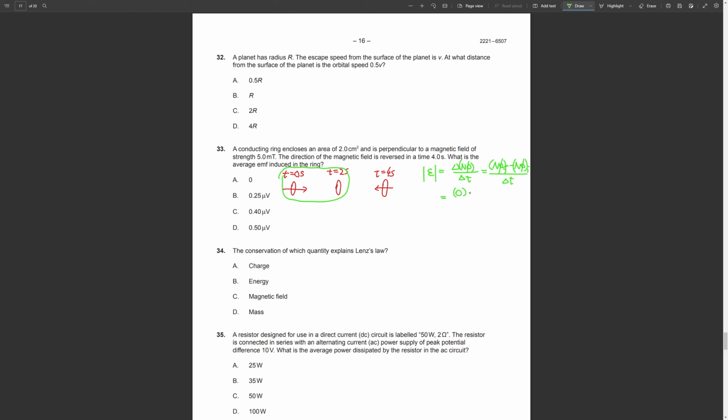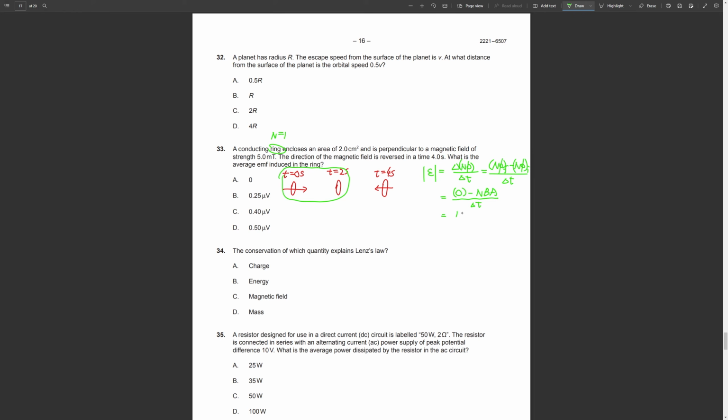Initially, the magnetic flux linkage should be the product of N, B, and A, where B is the magnetic field strength, A is the area, divided by its time taken. N is the number of turns. As it is a ring, the number of turns is simply 1.